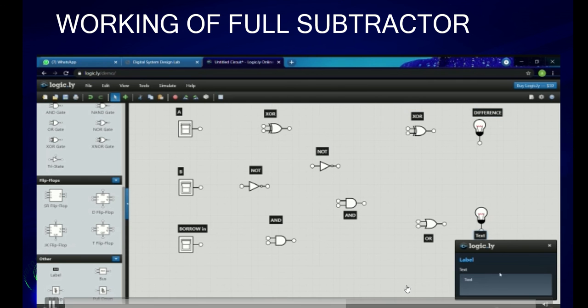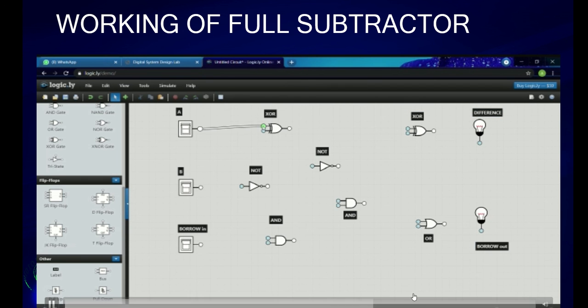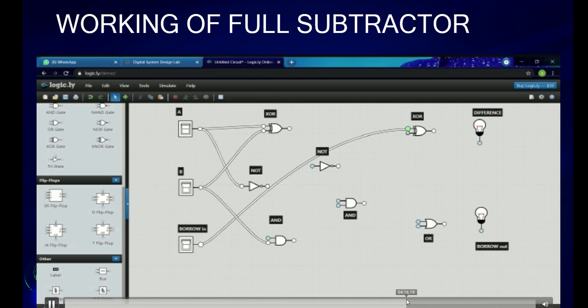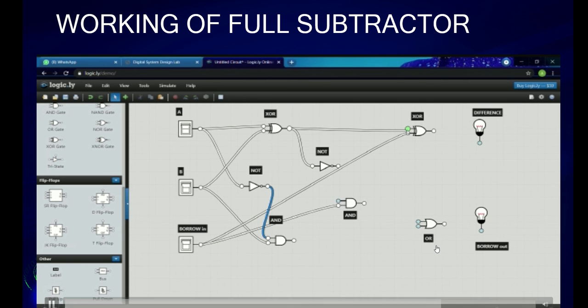This is difference and this will be borrow. So we'll be giving connections now. XOR gate is connected with A, and A will be another input for NOT gate, and B will be the second input for this XOR gate. Likewise, we have to give connections to all the gates present here, and the output of XOR gate and OR gate will be connected to the bulbs to check the output.